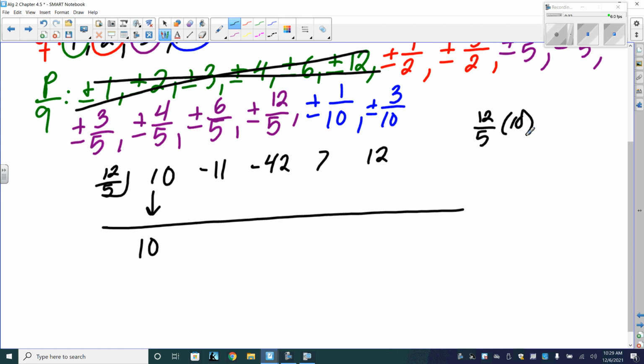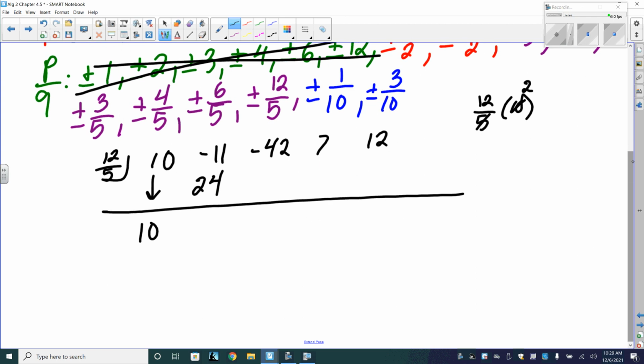And we can type this in a calculator, or 10 divided by 5 is 2, times 12 is 24. And that might be the nicest number for the rest of this here.